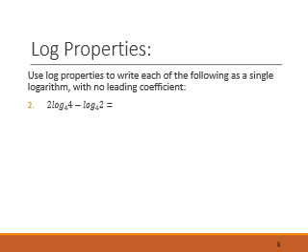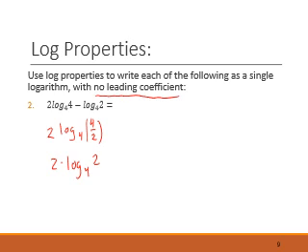Okay, so we are subtracting two logarithms. So according to the properties, we should be able to divide, and that would be 4 divided by 2. 4 divided by 2 is 2, and we could say that we have a single logarithm now, but this single logarithm has a leading coefficient, and we are not supposed to have a leading coefficient.